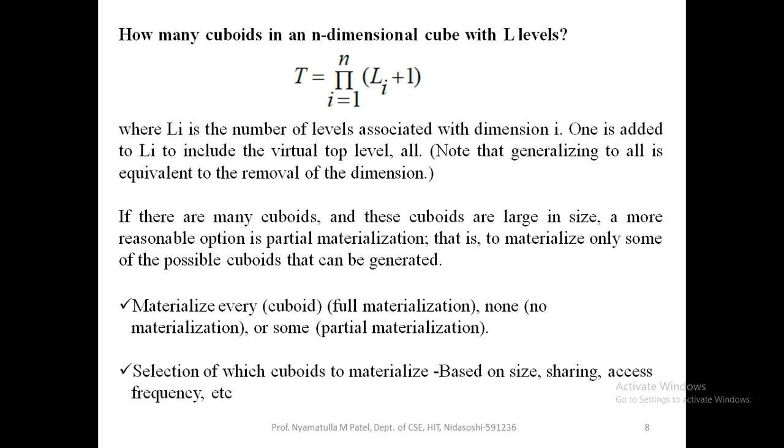If I materialize every cuboid, that is called full materialization. If I do not pre-compute any of the cuboids, then it is called no materialization, and if I pre-compute only some of the cuboids, that is called partial materialization.